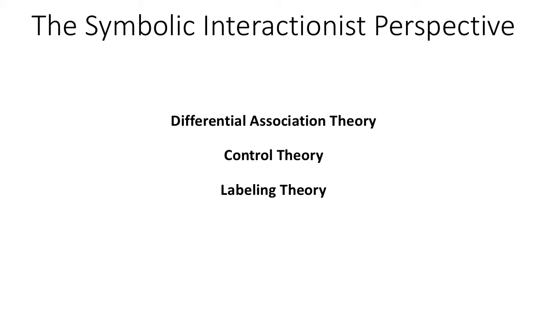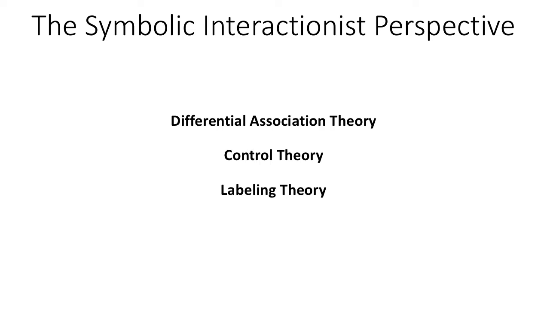The first sociological theory of crime and deviance that we will focus on is the symbolic interactionist perspective. Under the symbolic interactionist perspective, there are three different approaches to it.